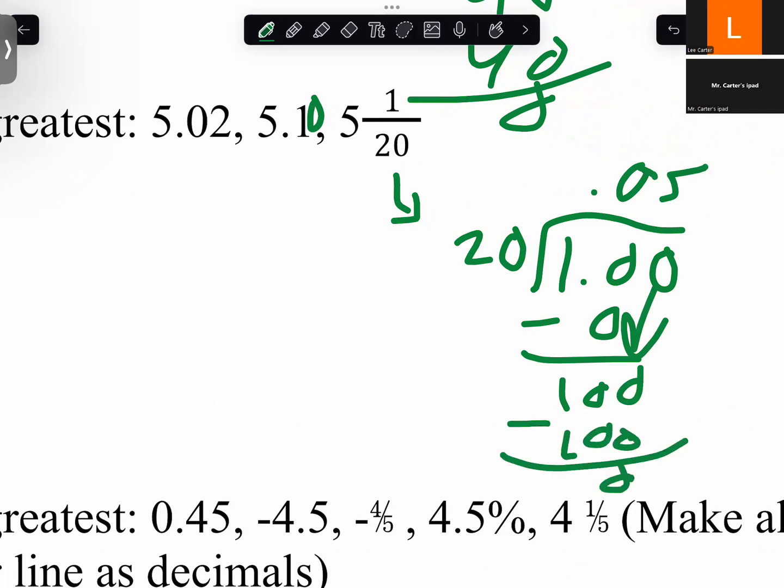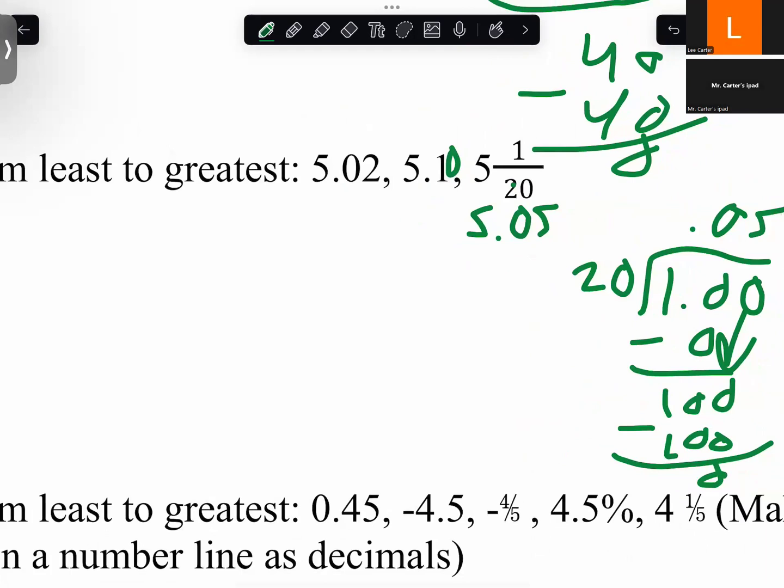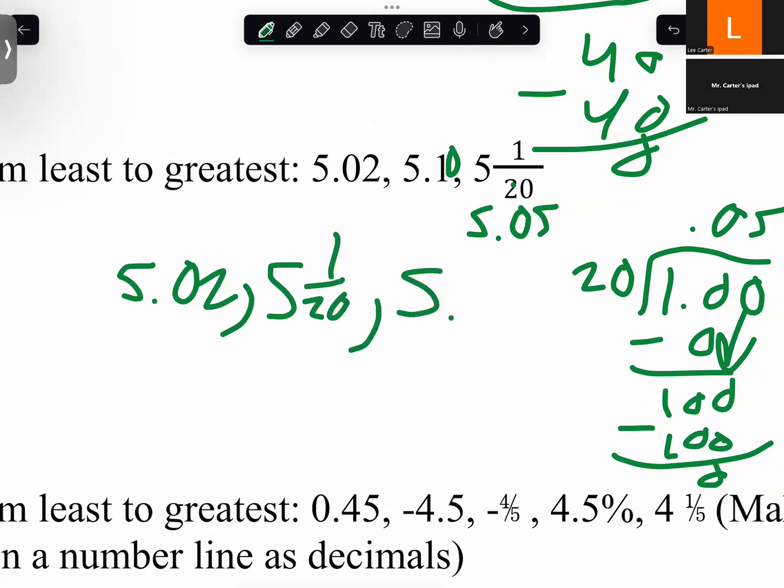So it's 0.05. That means this is 5.05 because the 1/20th is 0.05. Therefore, our correct order here is 5.02, 5 and 1/20th, and 5.1.